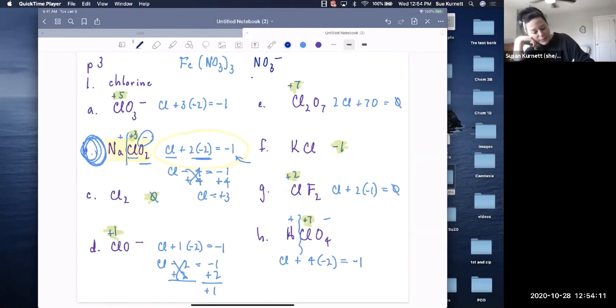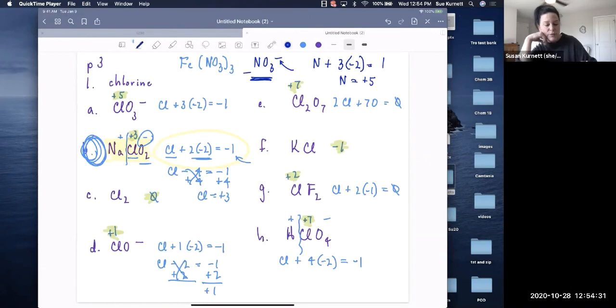This is covalent because those are both nonmetals. The one on the right gets a charge, so oxide would be minus 2. And the one on the left we're going to figure out. Nitrogen plus 3 oxides adds up to the overall charge. Oh, in this situation, nitrogen is plus 5.